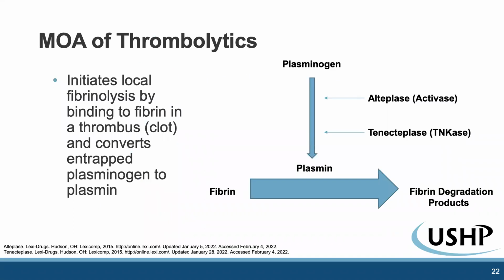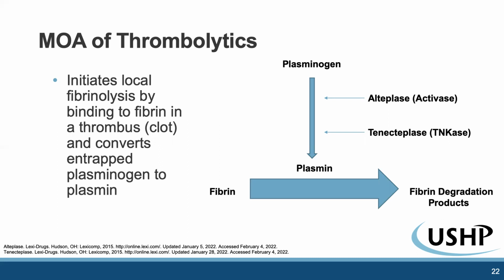And so when we take a step further within thrombolytics, we ask ourselves, how does this work and how would it be beneficial for a patient presenting with a pulmonary embolism induced cardiac arrest? Looking at the mechanism of action, it initiates local fibrinolysis by binding to fibrin in the thrombus, AKA the clot, and then converts the entrapped plasminogen to plasmin.